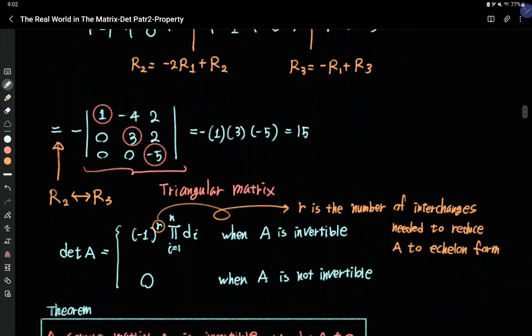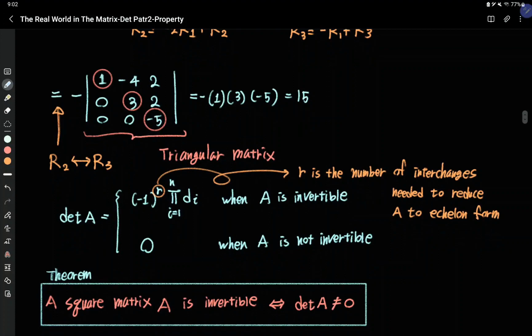So the determinant of the square matrix A can be written like this: negative 1 to the r times the product of the main diagonal entries d_i. Here d_i is actually the pivot. When reducing matrix A to the echelon form, we might apply one of the row operations, interchanging rows, r times.